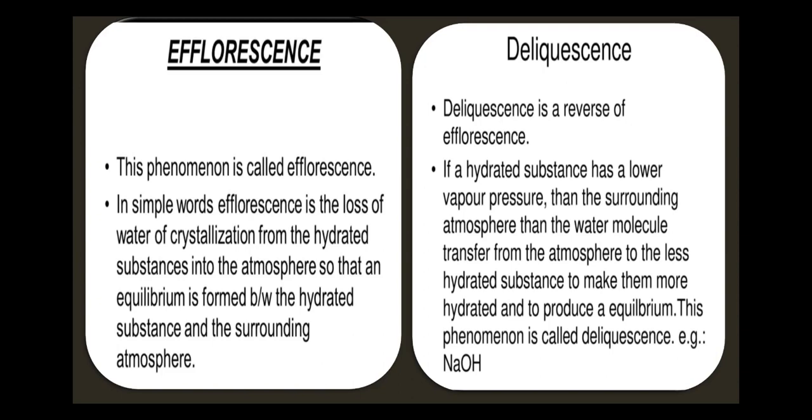And this phenomenon is called deliquescence. Now, efflorescence occurs when the vapor pressure is more than the atmospheric pressure, and deliquescence occurs when the vapor pressure is less than the atmospheric pressure.